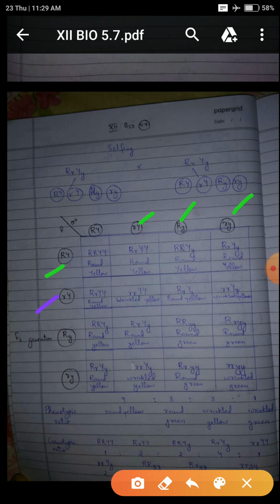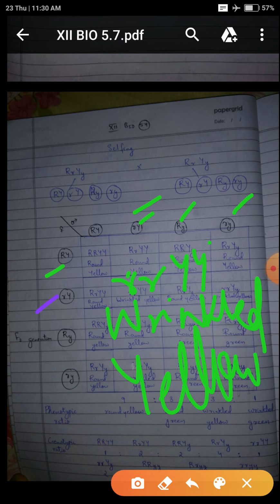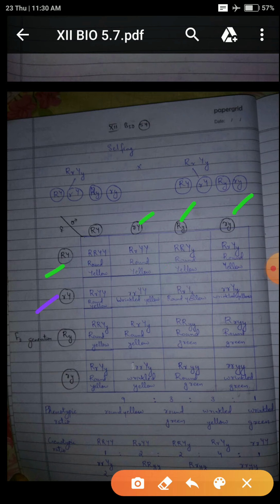Next box, small r capital Y with small r capital Y gives small r small r, and capital Y capital Y. We have the recessive character, so it will be wrinkled, and you have the dominant color yellow, so the seed will be wrinkled yellow. Next, small r capital Y with capital R small y.